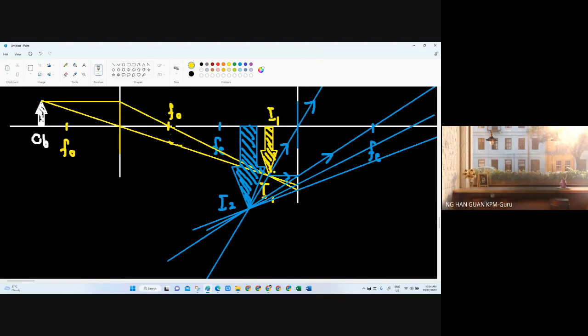Compared to the object, this virtual image is inverted. So the virtual upright case is not applied here, because this is virtual inverted, due to this being the second image formed. So compared to the object, it's virtual, inverted and magnified.